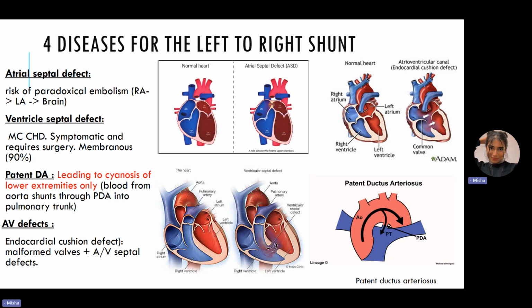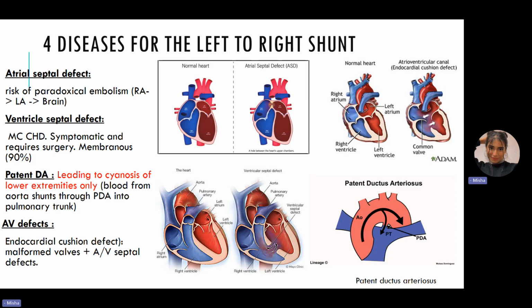Now, the most important thing that you need to remember in patent ductus arteriosus is that it can lead to cyanosis of the lower extremities only. Because the patent ductus arteriosus is present after the branches of the aortic arch, which is supplying our upper limbs, our brain, our face, all of that is being supplied by those branches that are coming out of the aorta.